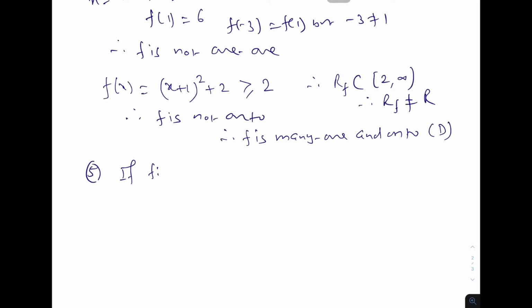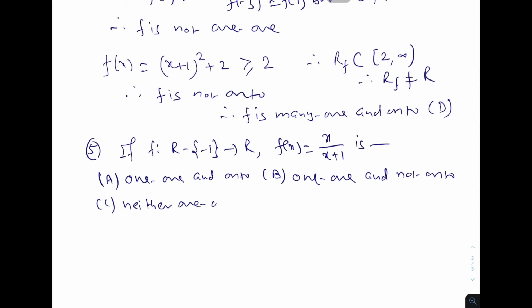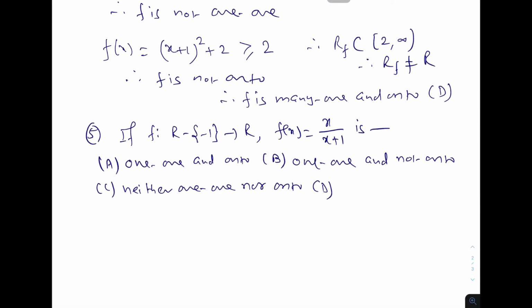If f from R minus {1} to R is such that f(x) is equal to x over x plus 1, is that function 1-1 and onto, then 1-1 and not onto, then third not 1-1 and not onto, that means neither 1-1 nor onto, and onto but not 1-1.